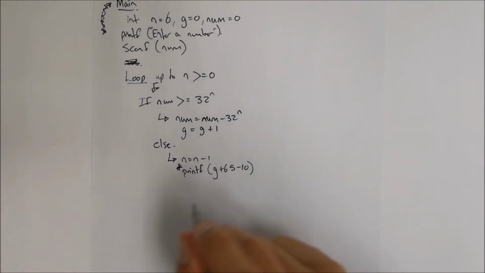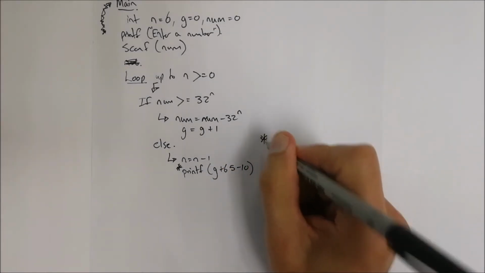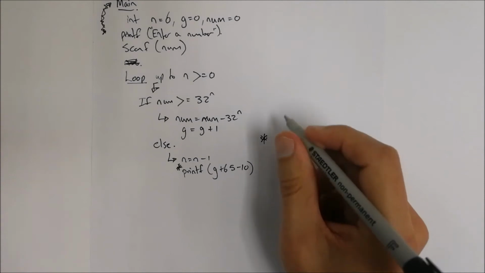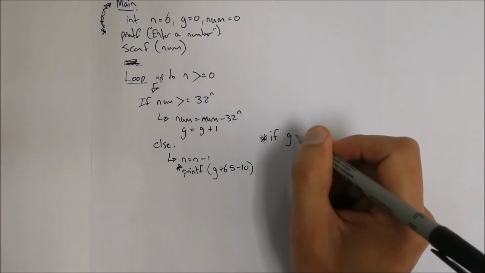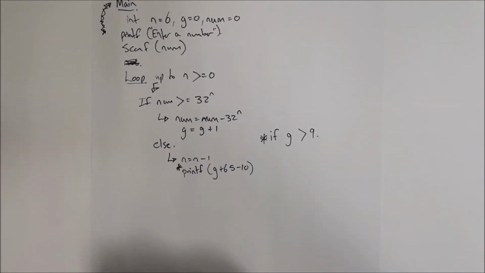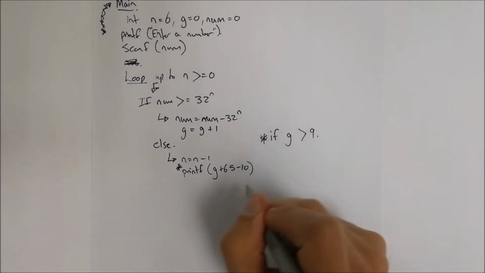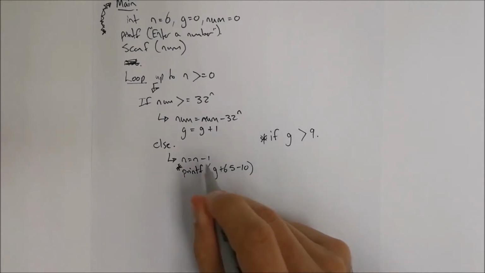We say, okay, well, wait a minute. And I'll make a little star over there and a star over there. This is only if g is actually larger than 9. If g should be less than or equal to 9, we do not need to add this over here.